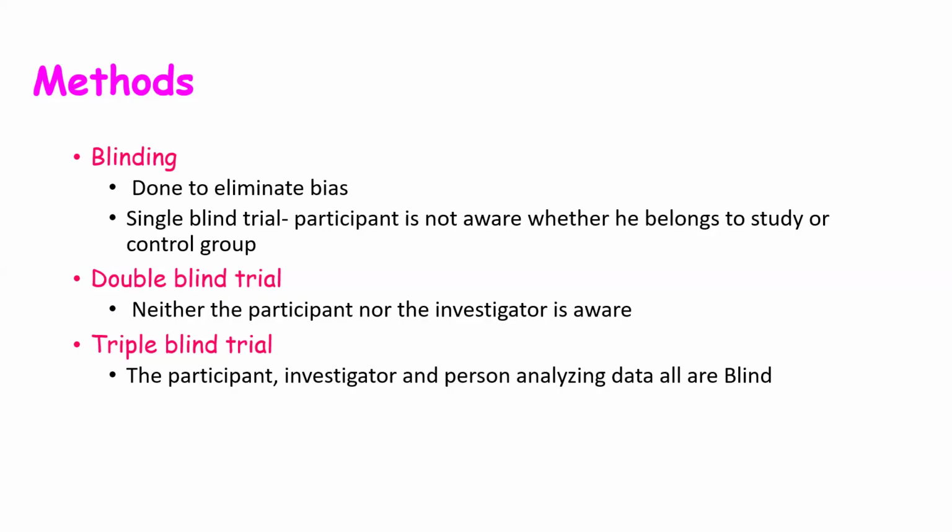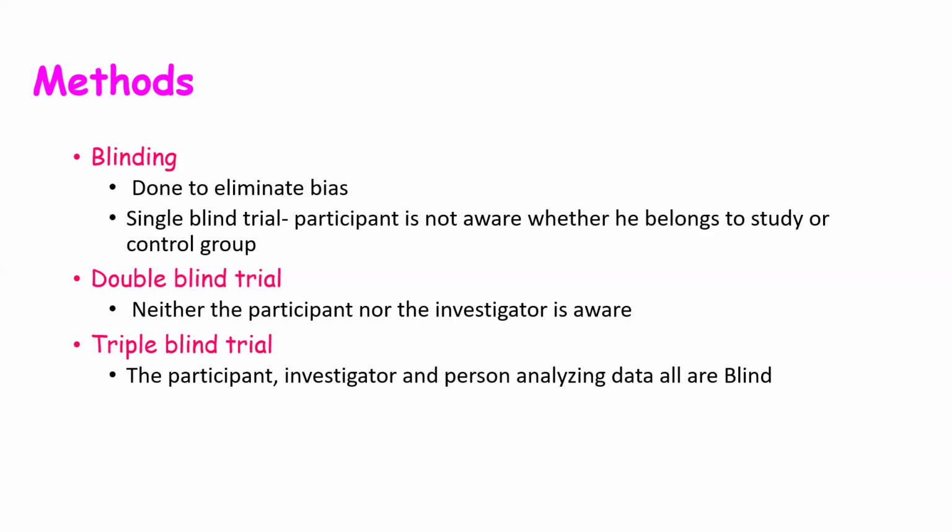So the participant may not be aware of which group they belong to; only the researcher would know. In a double blind trial, neither the participant nor the investigator is aware. Both the investigator and the participant may not be aware of which group they belong to.